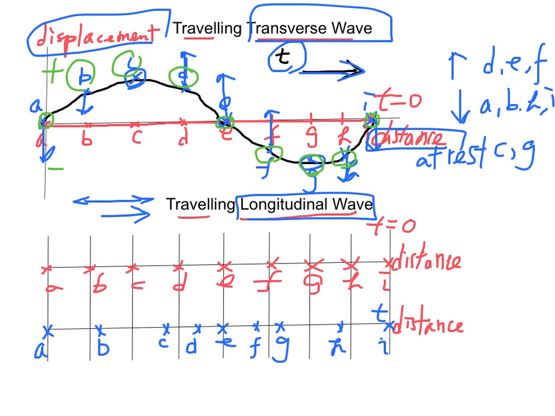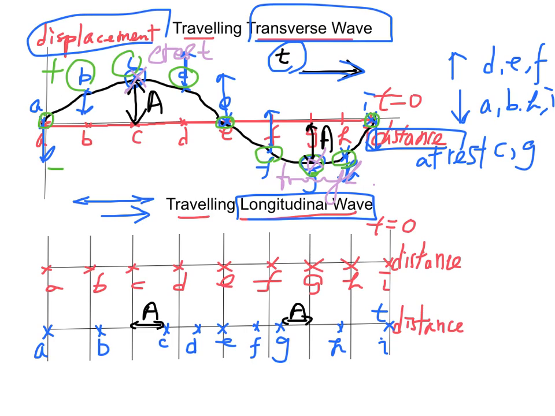For a transverse wave, the amplitude is A. For a longitudinal wave, the amplitude is A. For a transverse wave, we have crest and trough.